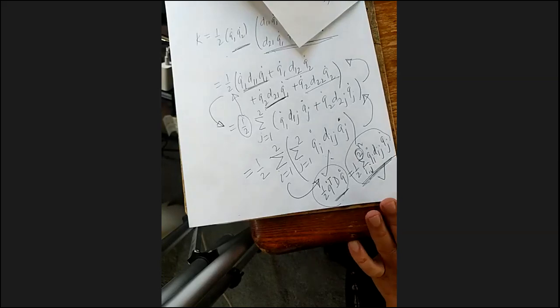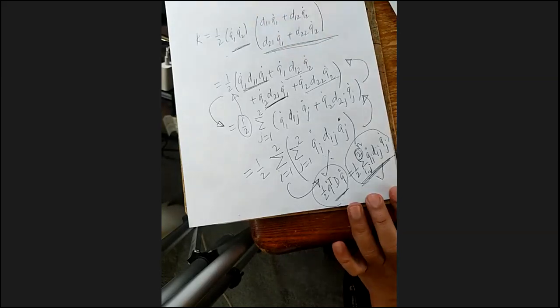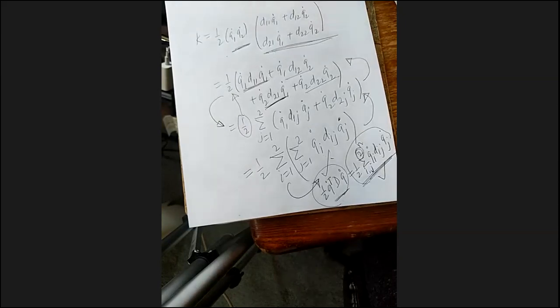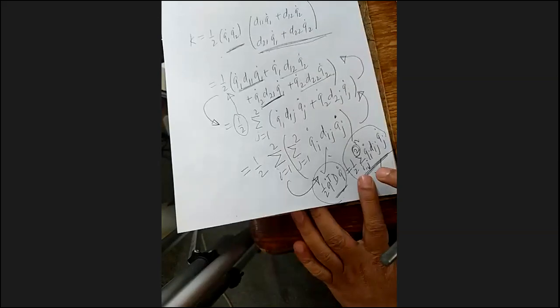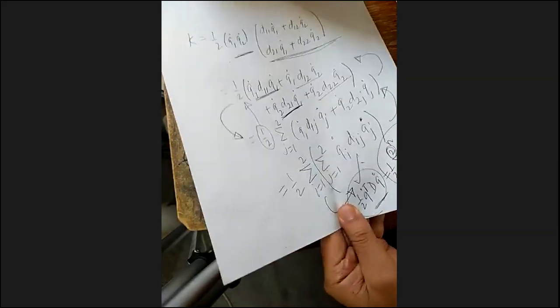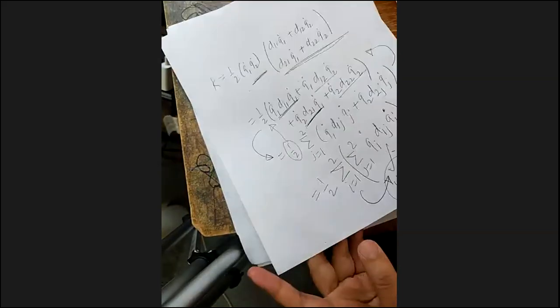You simply replace that 2 by n. All right, I'll come back to this because I need this after some time. For now I'll just keep it here, assuming that you know how to do it.